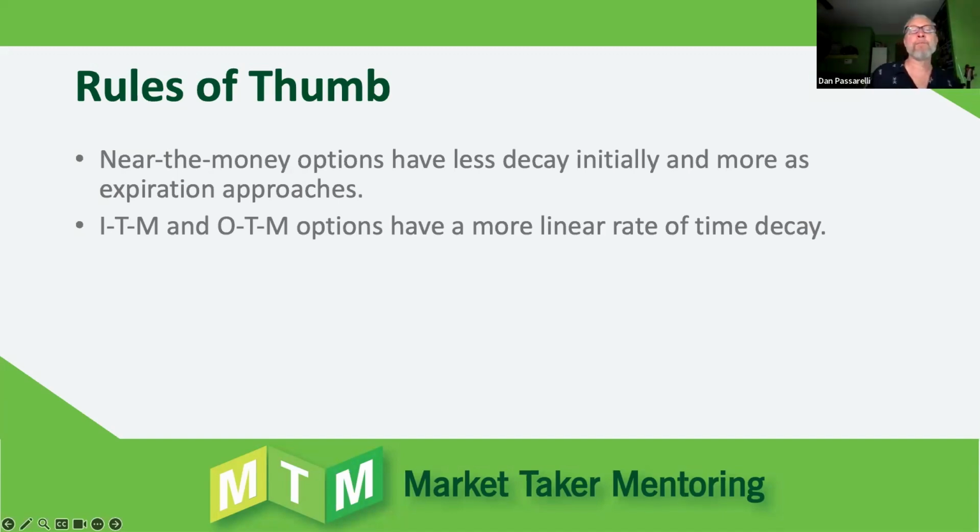And in fact, the closer we are to expiration, the higher that rate of time decay, which, very interesting, is the same thing I said with gamma, right? The more gamma helps, the more theta hurts. The more gamma hurts, the more theta helps. In the money and out of the money options have a more linear rate of time decay, and they have less time decay.